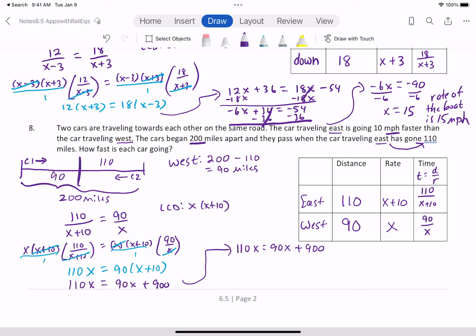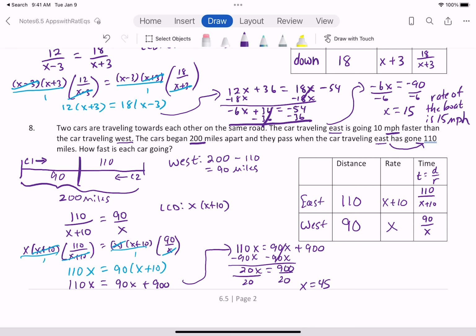So I need to move my x terms together. So I'm going to subtract the 90x. 110x minus 90x leaves me with 20x equals 900. Divide both sides by 20. And I get x equal to 45.